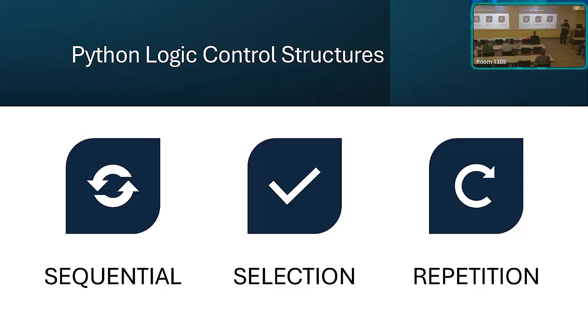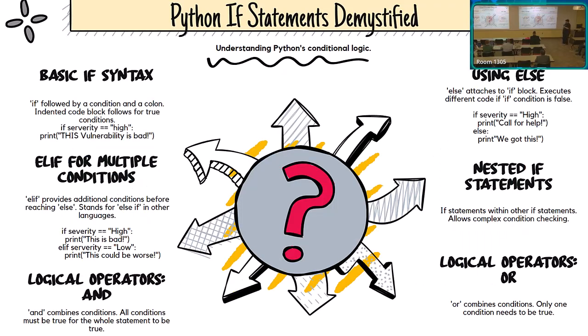If you've taken a programming class before, you've seen this as if-then statements or if-else statements. And then you have repetition, where, hey, computer, I want you to run this over and over and over again until you get to this specific result, or until you've gotten through every item in my list. Python makes this really easy with lists. We'll see this in a moment, how we can do a for loop through every item in a list.